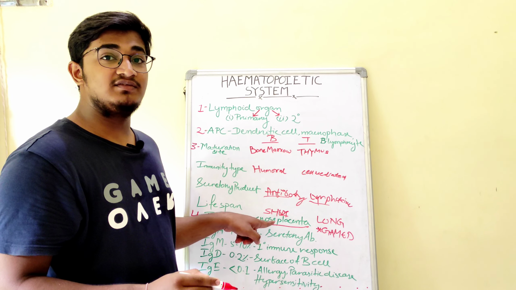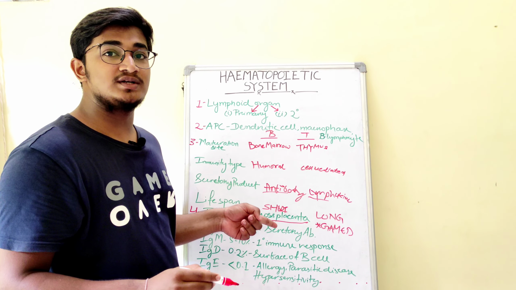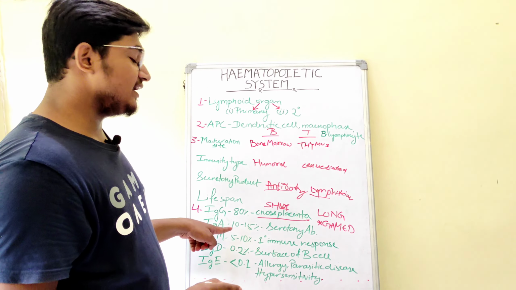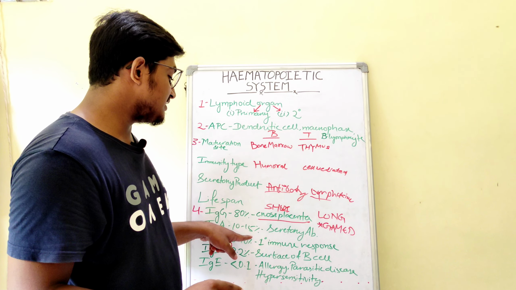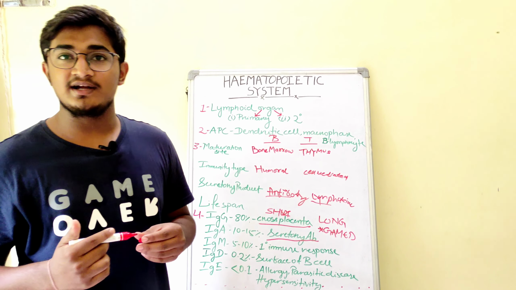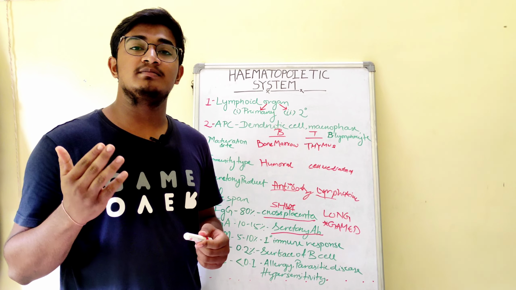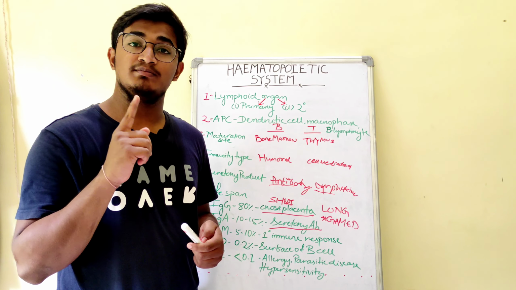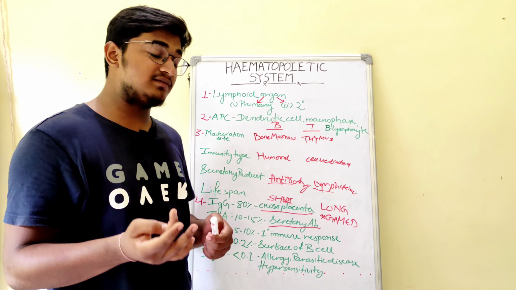The statement is given in the recent 2023 ICAR JRF paper. IgA is 10 to 15% and it is a secretory type antibody. Secretory type antibody means it is secreted from the epithelial lining and from mucus, from tear, from saliva.